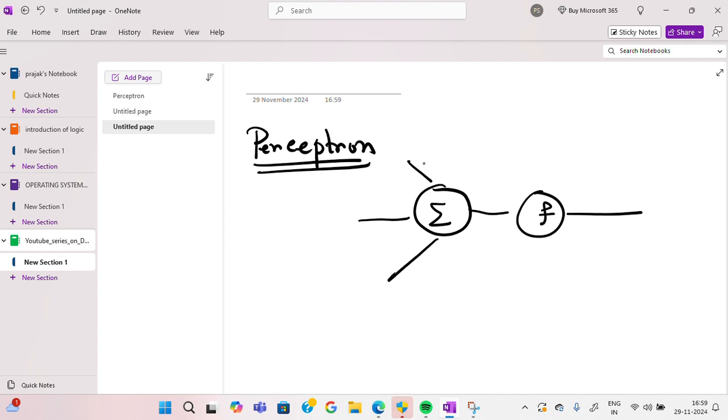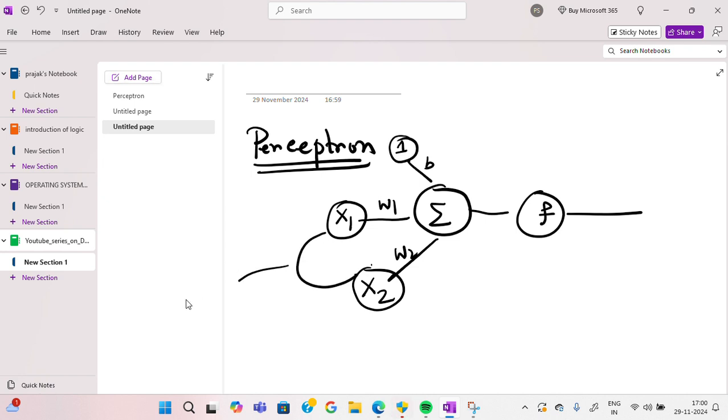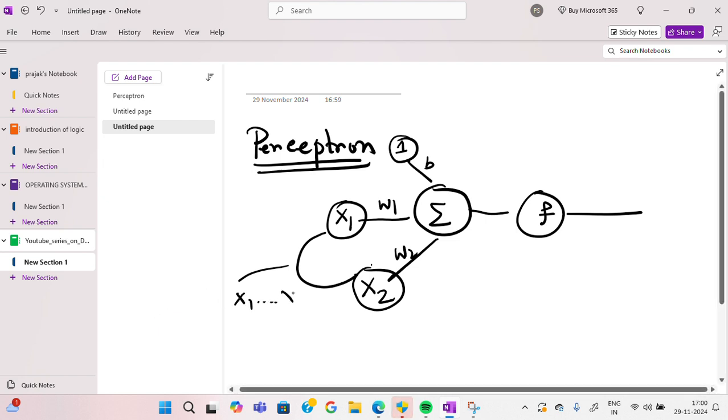It's a summation function, with inputs x1, x2, and so on up to xn, with weights w1, w2. These x1 to xn are called input columns, input attributes, or input variables.